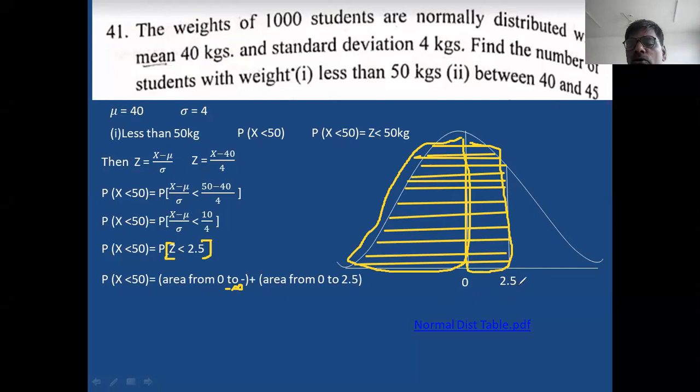This area you have to see in the normal distribution table. Is it visible?